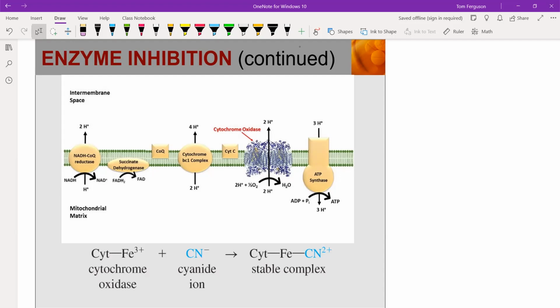What does this look like to you guys? I know some of you have had A&P. What is this? Cell membrane. Yes. What else? Is it an electron transport chain? Yep.